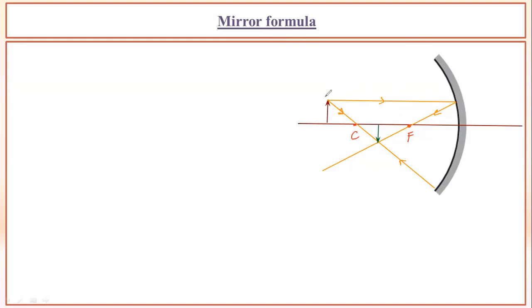Now, if I place some names here, it will be easy for us to go for the proof. Say the object is AB, the image is PQ, and this point we call O, which is the pole. With this we will do our derivation.